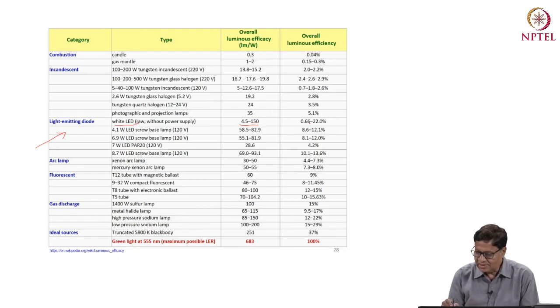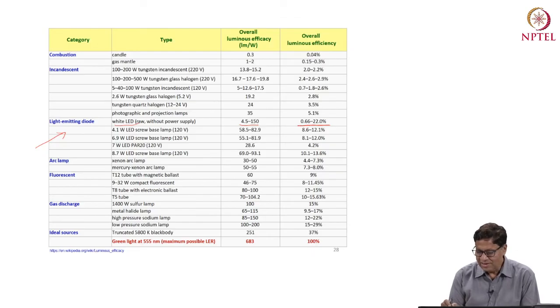And this is the luminous efficiency. This is expressed in percentage. The amount of light produced by the source does not all come out. For example, inside the LED, a lot of photons are generated, but ultimately only some percentage of the photons come out. So this is defined as luminous efficiency, and the units are in percentage.